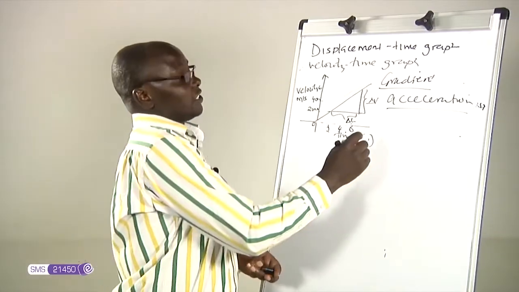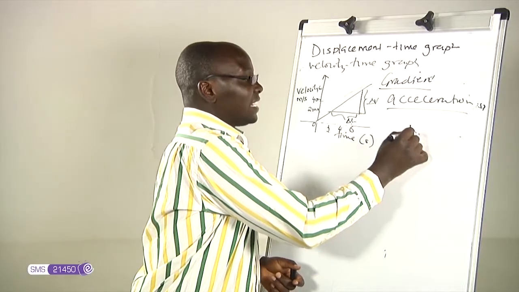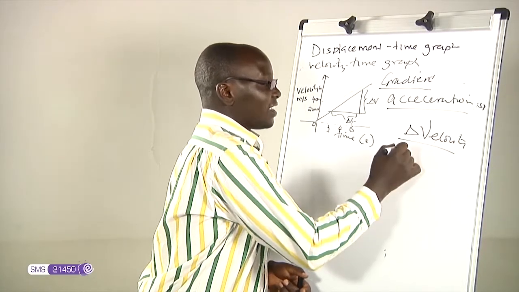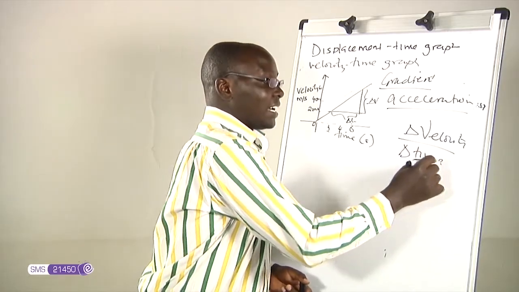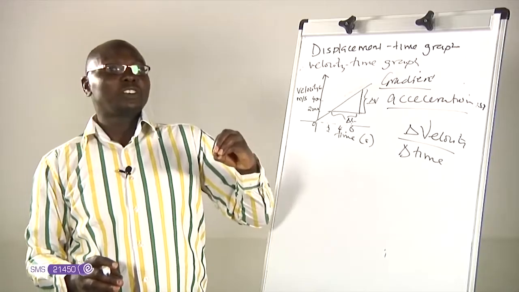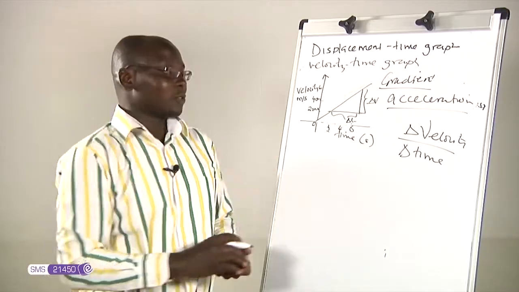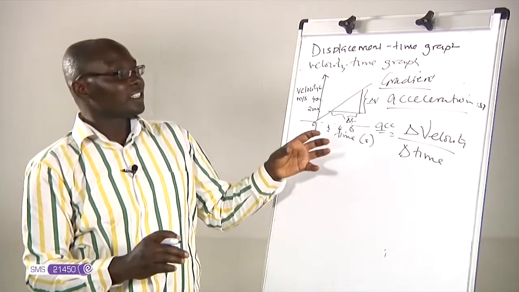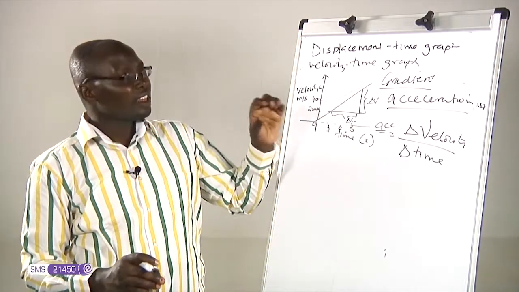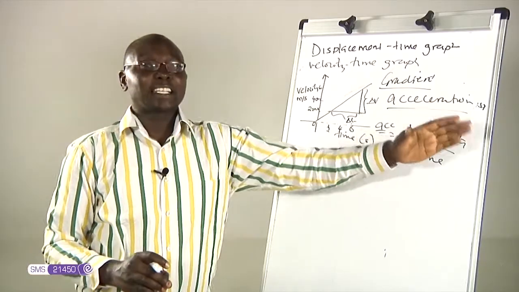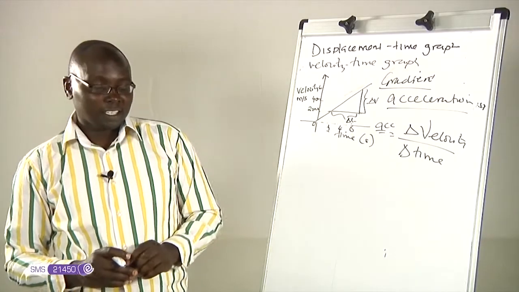So I'm dividing the change in velocity over the change in time. From our previous discussions, the change of velocity divided by the change in time is what we call the acceleration. So the gradient of the velocity time graph always gives us the acceleration of that body.